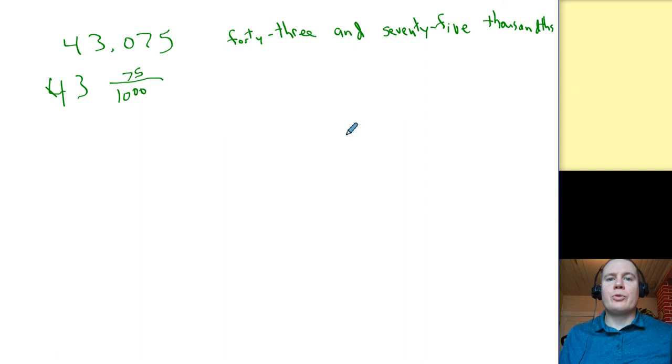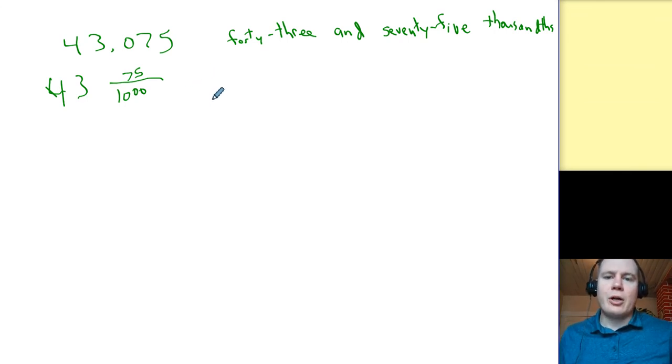Now in this class, we don't say things out loud very often. You're each working on your own. But when you do say it out loud, that's technically the way to pronounce this number. It also helps us see how to add, subtract, multiply, and divide decimals.